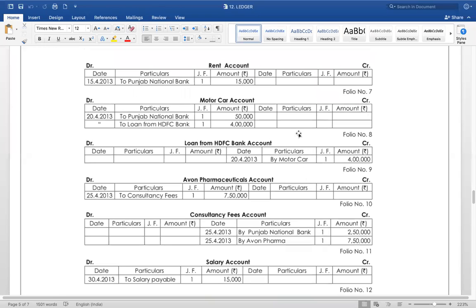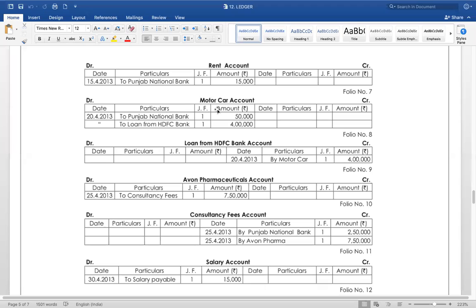In the motor car account, Punjab National Bank, 50,000, because that's the check you have issued. You have an account with Punjab National Bank, and from that account you have issued a check for 50,000, where the cash balance in your account comes down by 50,000. So motor car account debit to Punjab National Bank, 50,000.